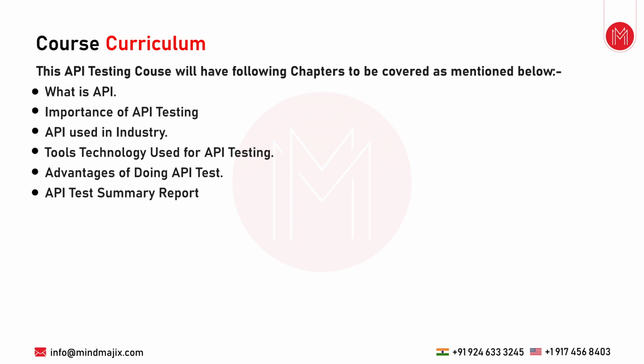Now, tools and technology used for API testing: there are a couple of tools you would have heard of which are pretty famous in the market, like SoapUI, Postman, and Katalon. But nowadays Postman is pretty famous for API testing. And the advantages of doing API tests: why do we do API tests?